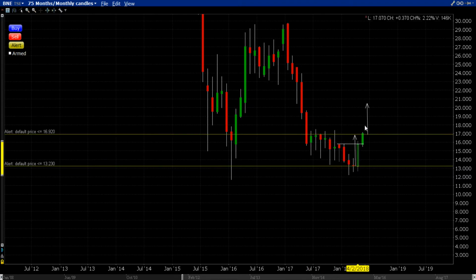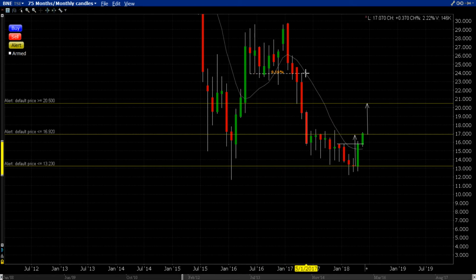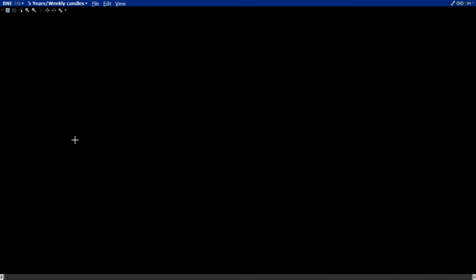If it closes above that 1 year base, the target is 20.50. And I always do my target considerations to see if there's resistance on the way, if we're going to run into a wall from previous support turned resistance, and right now it's all good, guys. 2 more weeks to wait and we're ready to go.